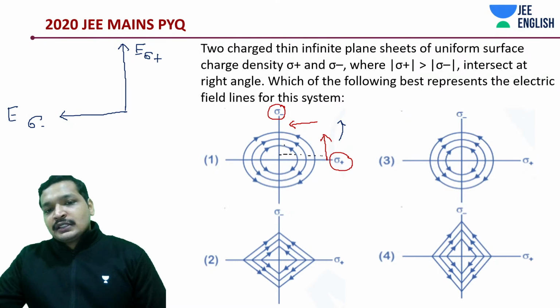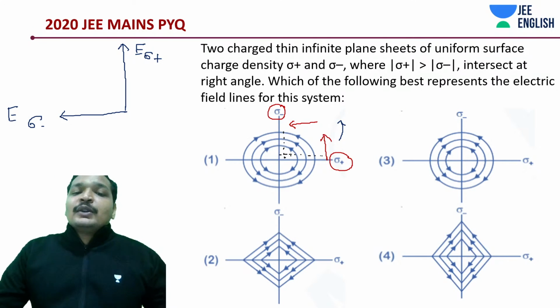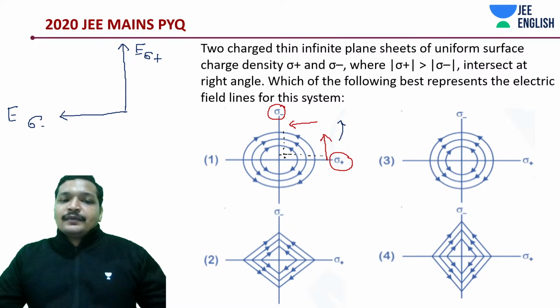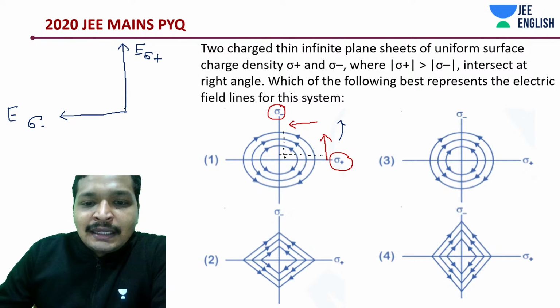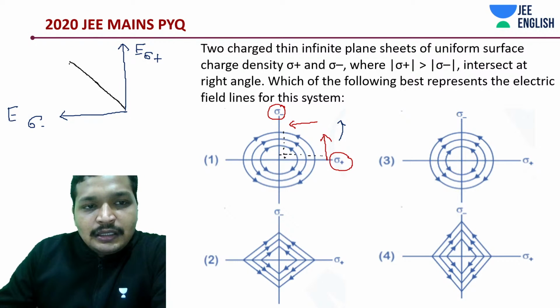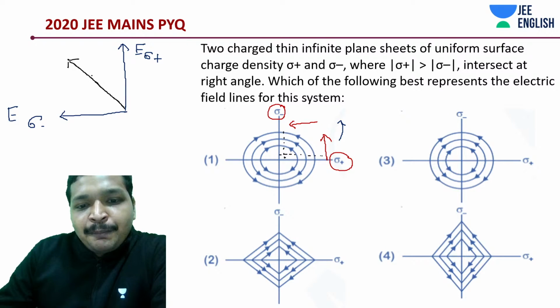As you move towards negative, its influence should be more. But it's not circular. Okay, it's not circular. It's supposed to be something like this. Net is supposed to be something like this.